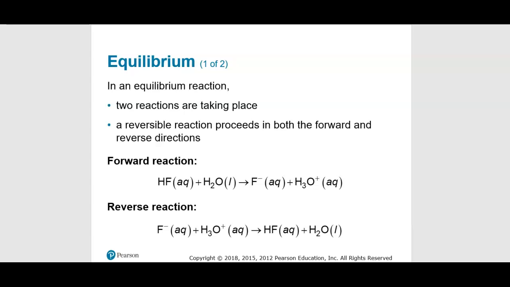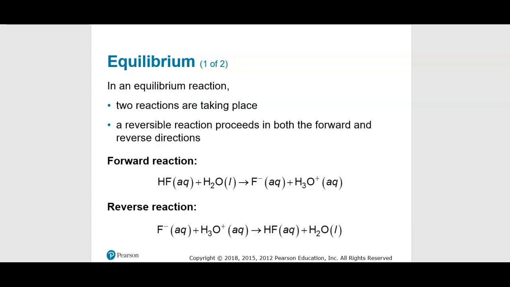And you've also seen that hydrogen fluoride is a very weak acid, so we're showing an acid dissociation of hydrogen fluoride. It doesn't dissociate much. So what you have in solution is mostly hydrogen fluoride and a little bit of fluoride and hydronium ion.